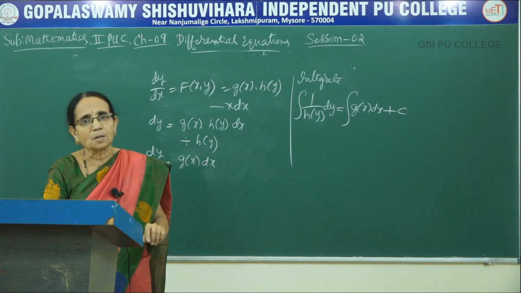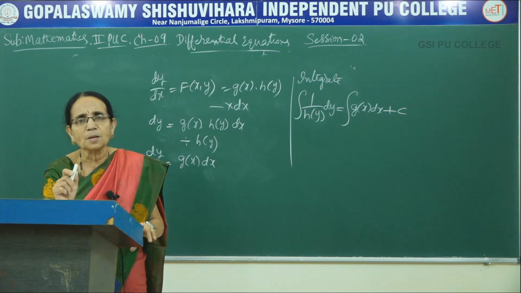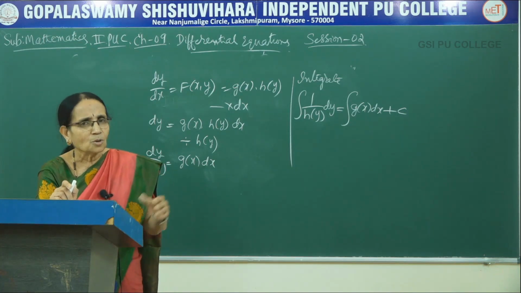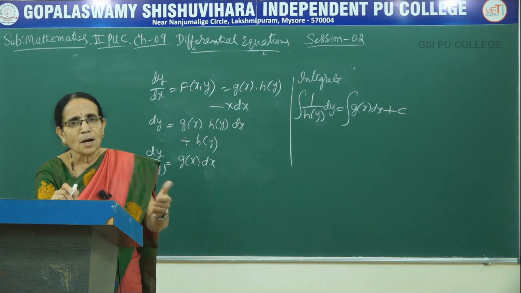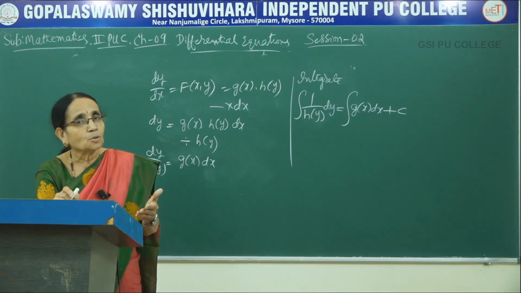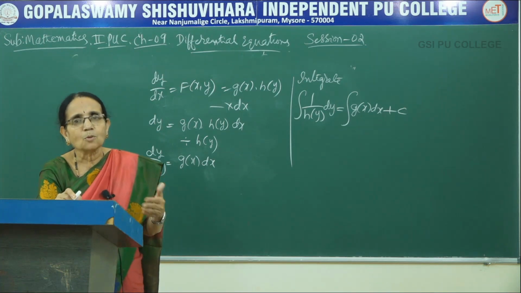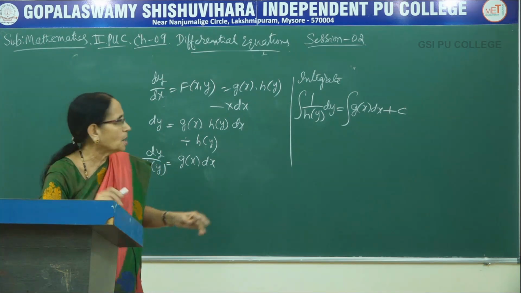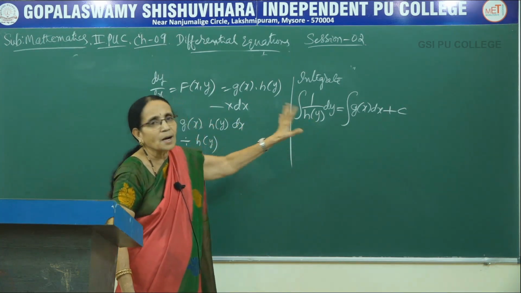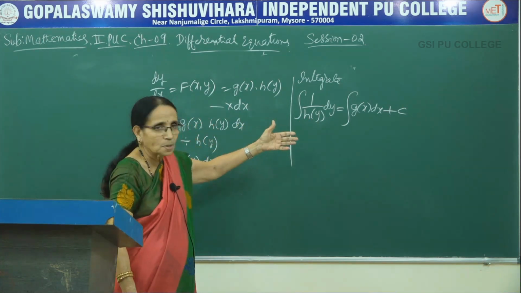You cannot omit that. So I always advise the students to make it a habit to add the constant whenever they do any problem on integration. As soon as you do the integration, adding a constant becomes a habit. So you will not be missing that, and you will not be missing the mark also. Okay. So as soon as you write the integral sign here, you just add the constant, so that would be there always.